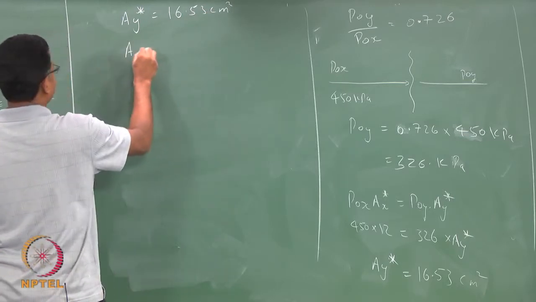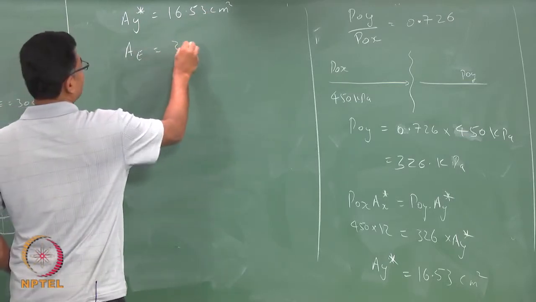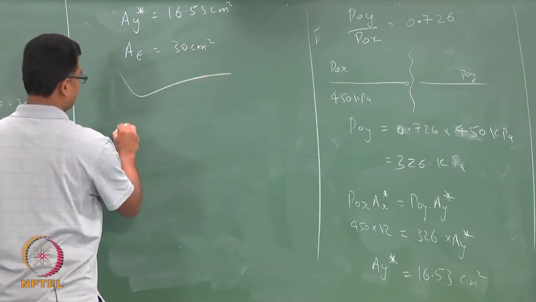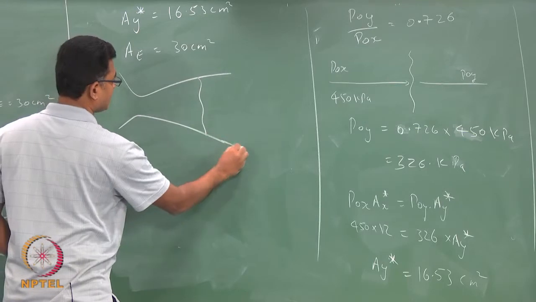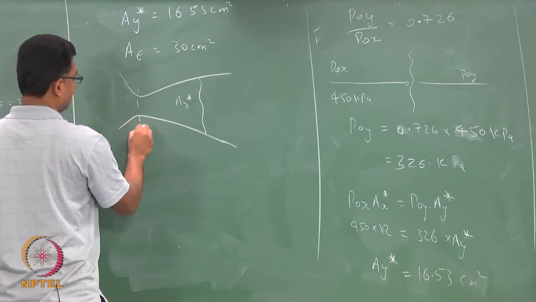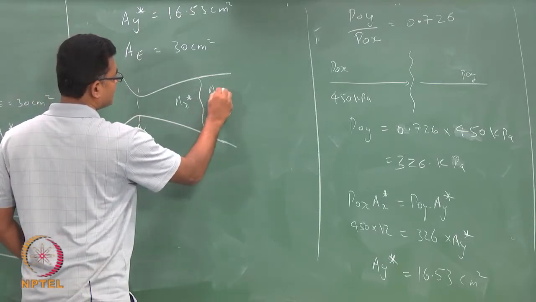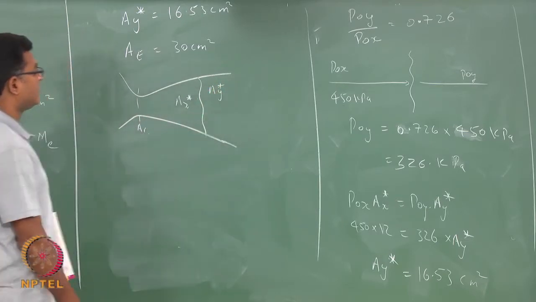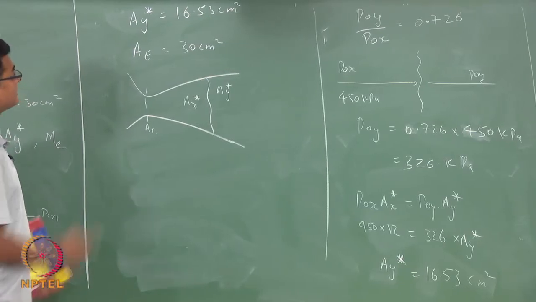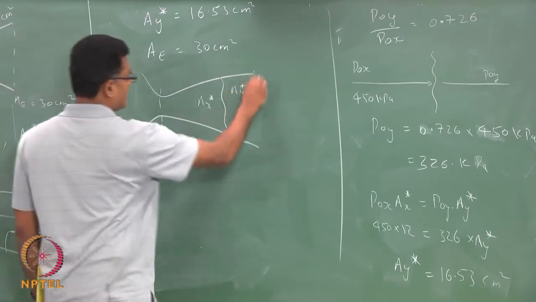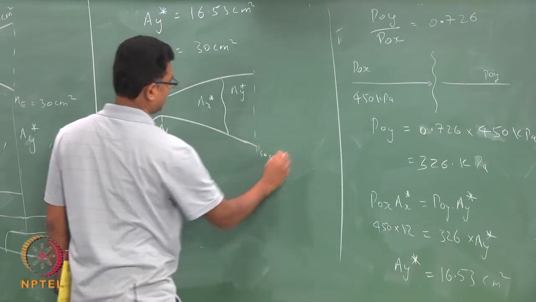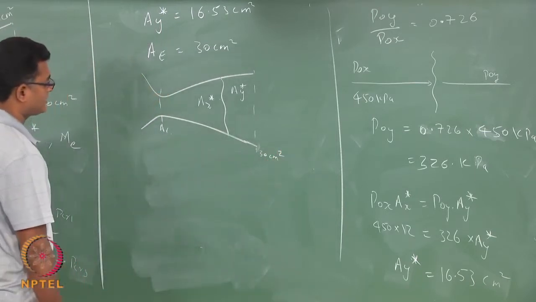We know our A exit to be 30 centimeter square. Okay. So in the nozzle I have a shock here. There is an Ax star associated with this, which happens to be our A throat, and after the shock we have an increase in our A star value, which is a new A star. Now there is an area that is given here, A exit.